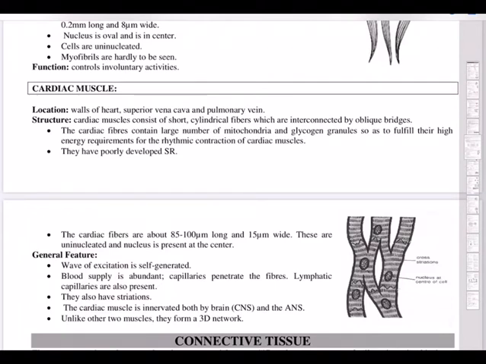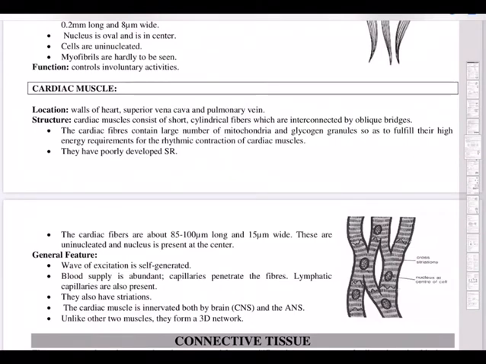The myofibrils have transverse, faint, dark and light bands, as you are seeing in the diagram. Dark and light bands are present alternately. And these fibers have some lateral branches known as oblique bridges to form a 3D contractile network.